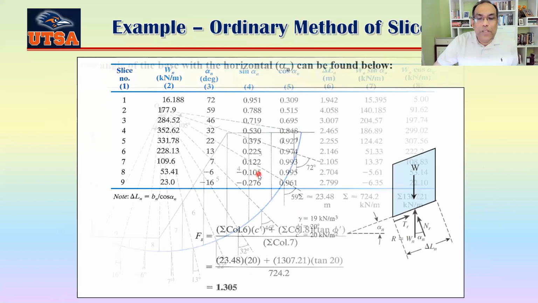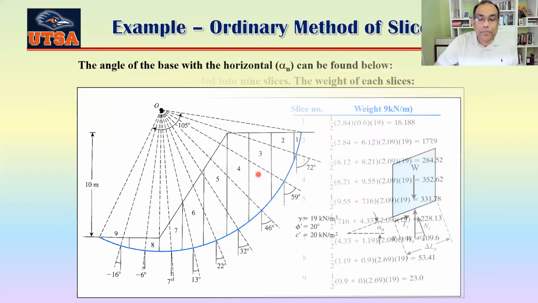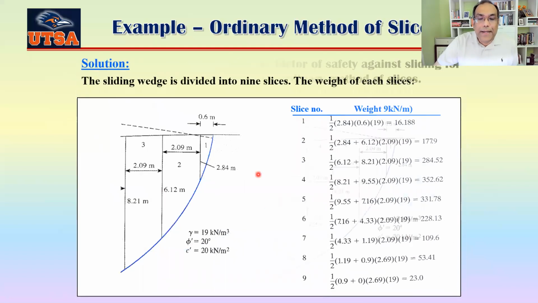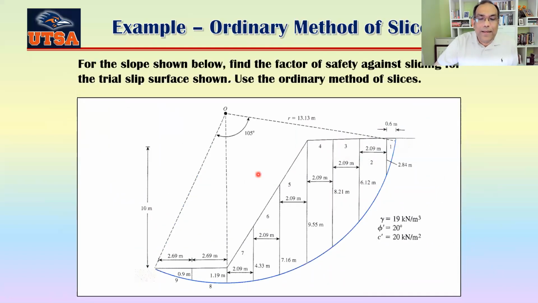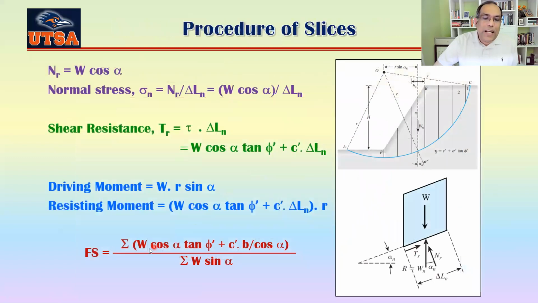Okay, now let's see here. So that's your equation. You only need W cosine alpha and W sine alpha. All other values are given.